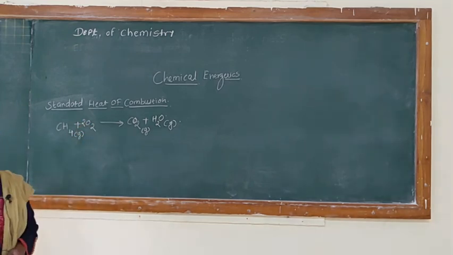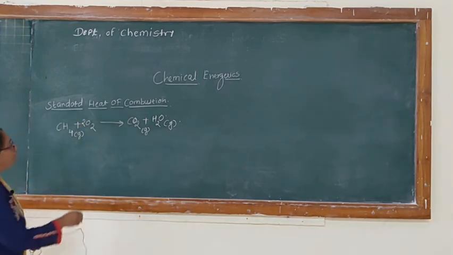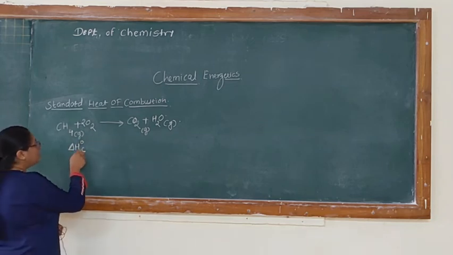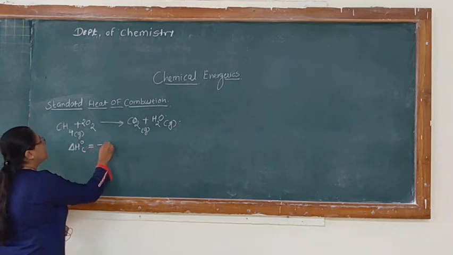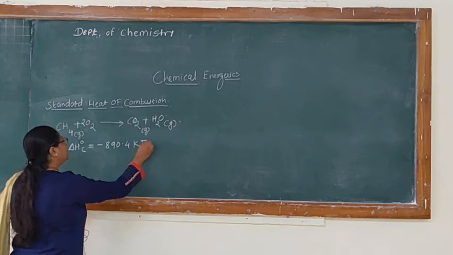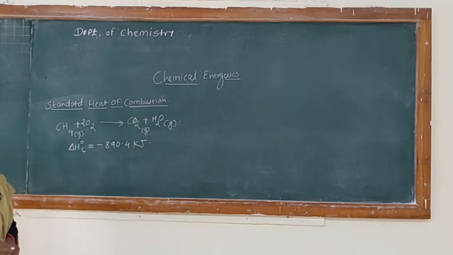Now for this reaction, the standard heat of combustion, that is delta H0C or delta H0 combustion, is minus 890.4 kilojoules.